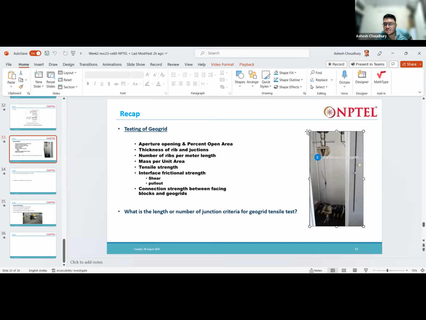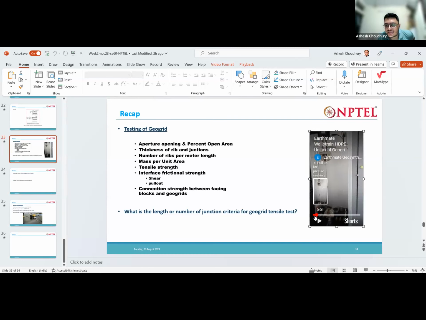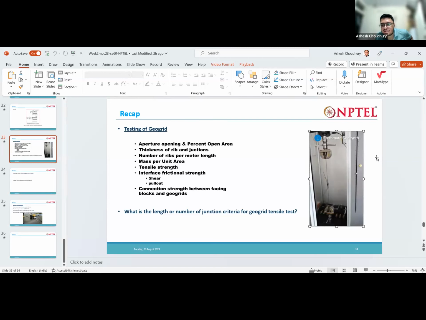We keep on applying the load, keep on pulling it, and it suddenly snaps. Okay, see again, and it snaps.